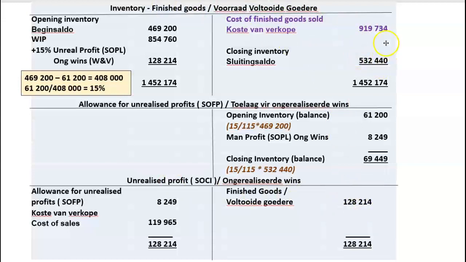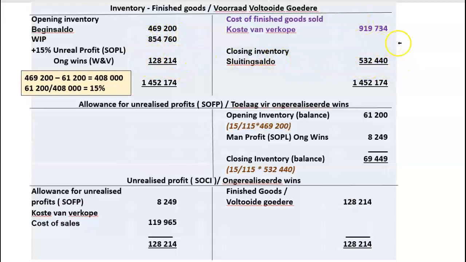Now, we can actually complete our finished goods account. We have the closing inventory, therefore our balancing figure in this instance will be our cost of sales. So cost of finished goods sold during the year. Cost of sales 919,734. But remember, everything in the finished goods account is at a blown up price. So included there was unrealized profit. Closing inventory will have unrealized profit in.